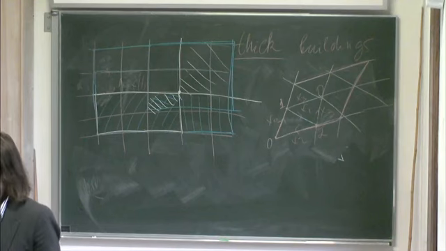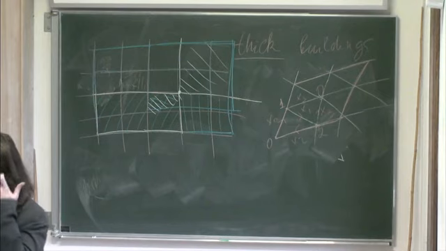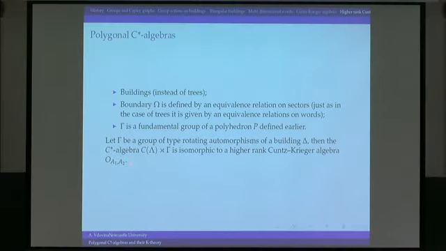Okay, and then there is this cross product algebra, and it is isomorphic to a higher rank Cuntz-Krieger algebra, which is associated with two transition matrices. And these transition matrices can be obtained just by looking at how your triangles behave in the building. So the size of the matrices is the number of triangles multiplied by 3, because every triangle comes with a marked vertex.